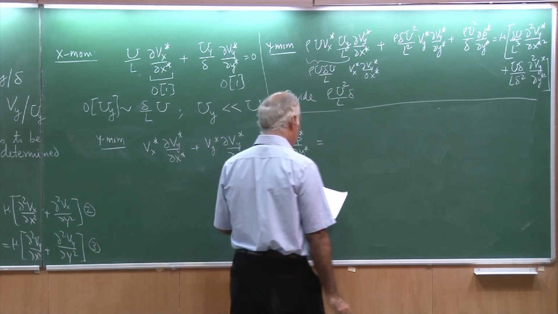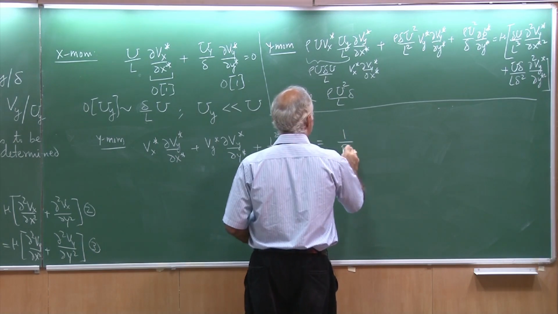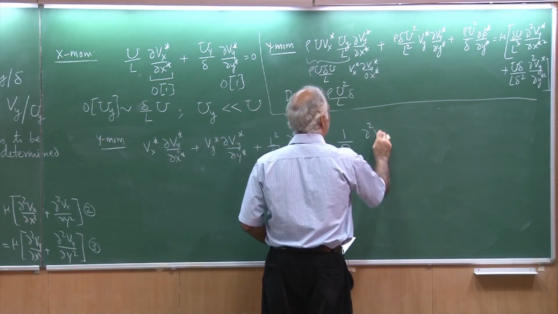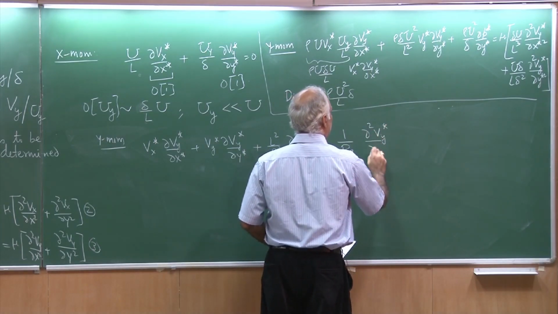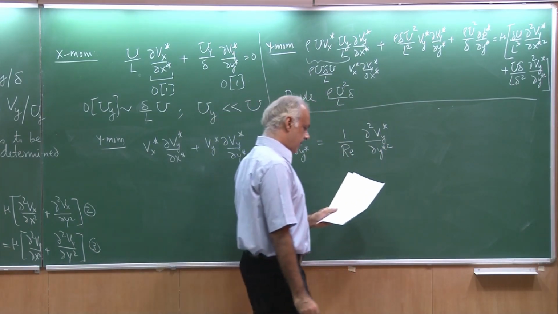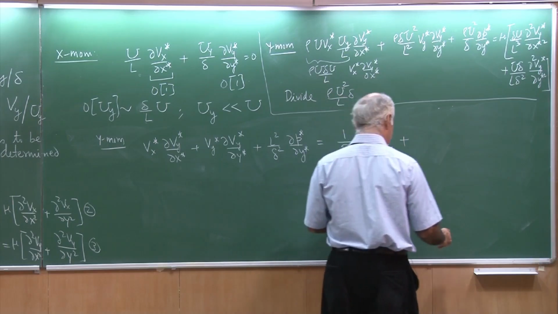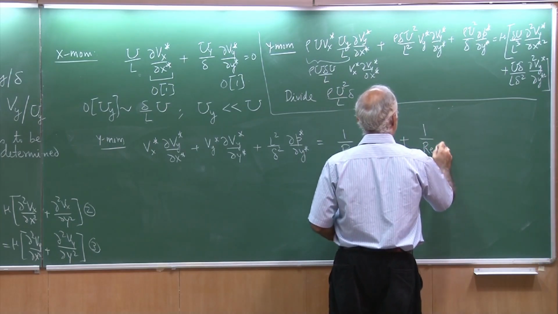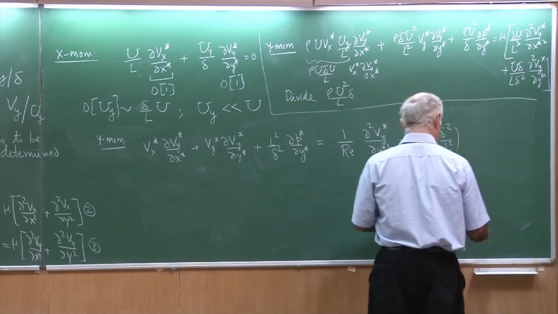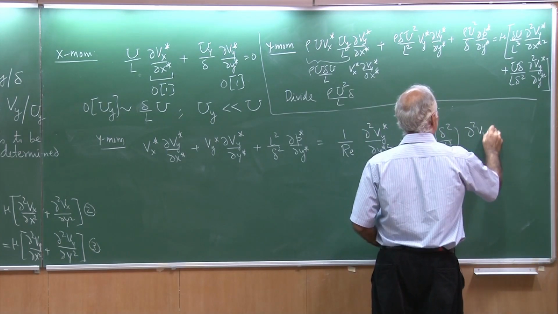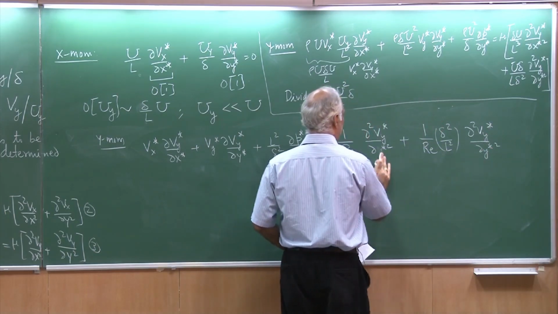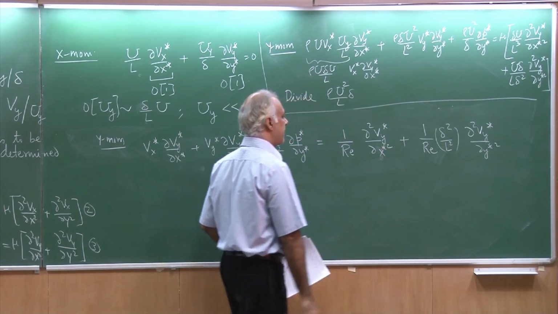And then here I will already substitute for the Reynolds number because you are aware of it now, 1 over Re del square Vy star by del x star square, plus the next term, 1 over Re delta square by L square times del square Vy star by del y star square.